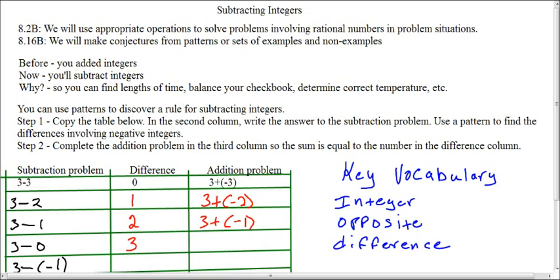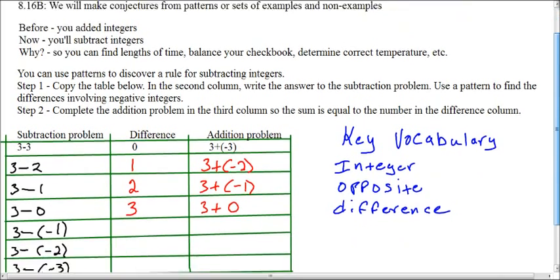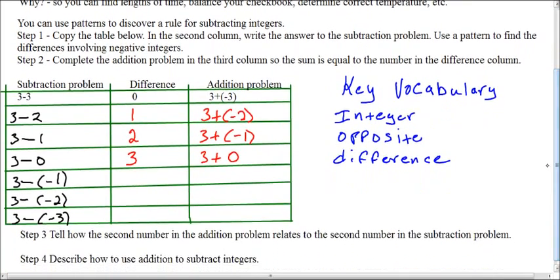So now let's be careful. There is no negative or positive 0 here, so just make sure that that's just 3 minus 0, or 3 plus 0.